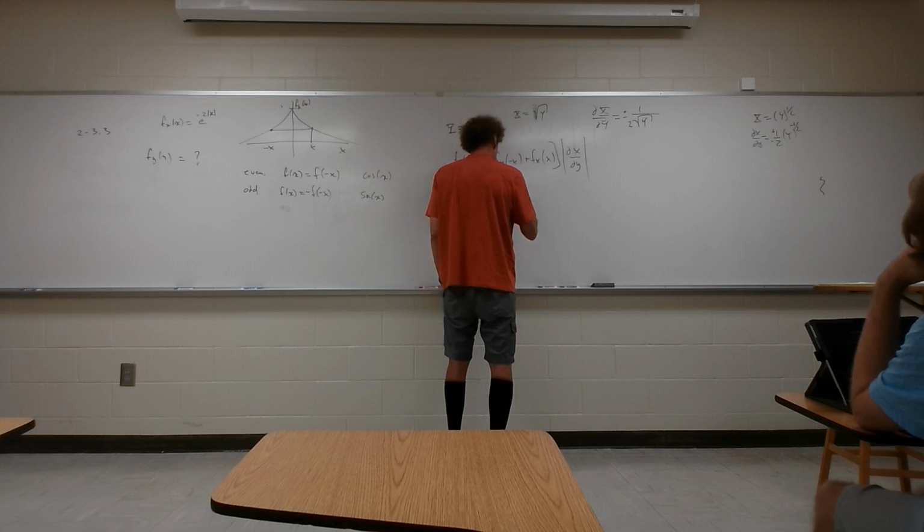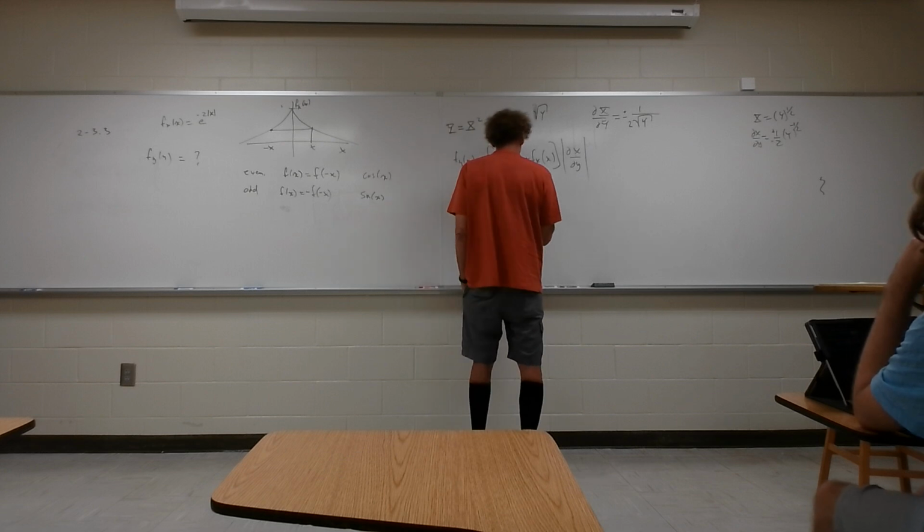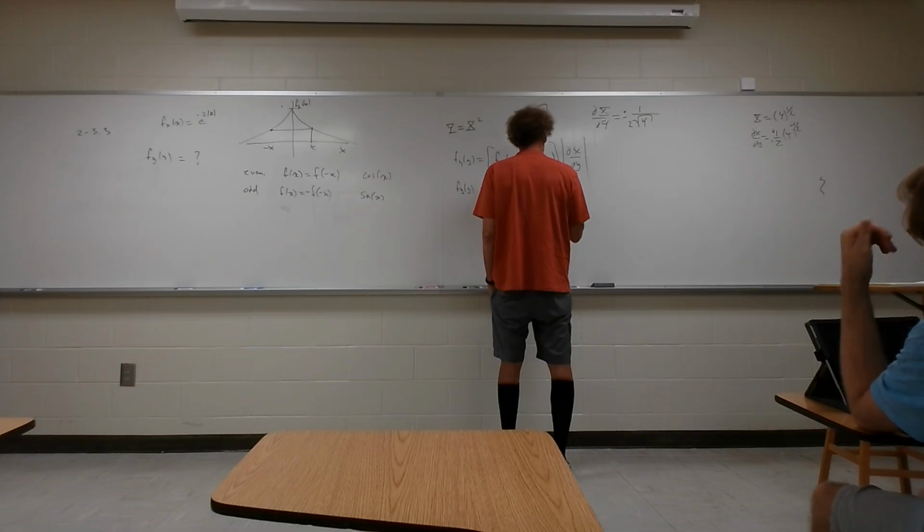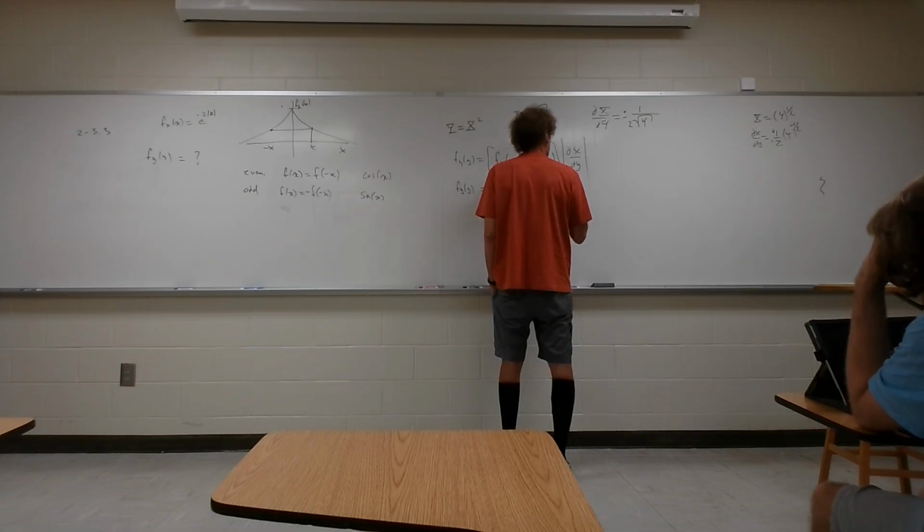Well, I should put a small y there. Plus e to the minus 2 square root of y. And then you're going to have this value, which is going to be times 1/2, and it would be 1 over the square root of y.